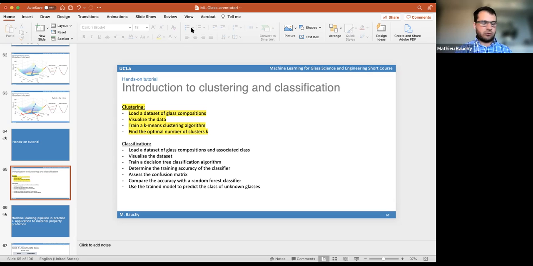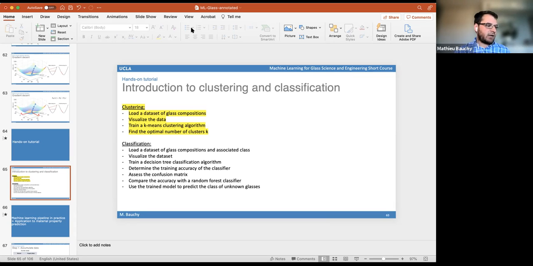Besides what is written here, every time you get some new data, you should try to visualize it. You can plot one variable as a function of the other. You can plot the distribution of each of the variables. That's always useful to do. You can do like what we did with the first example. You can plot the distance between each of the data points, because that's going to be helpful for you to have a first idea of how many groups of data points appear to have a small distance with respect to each other.